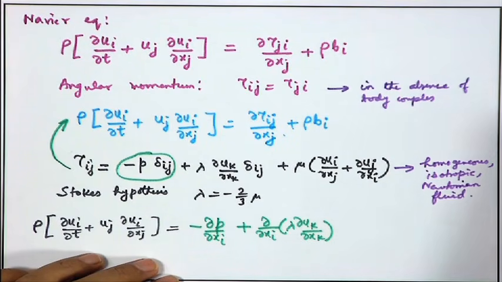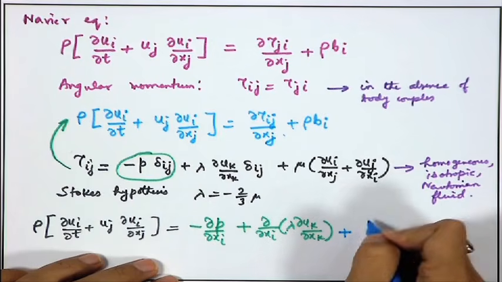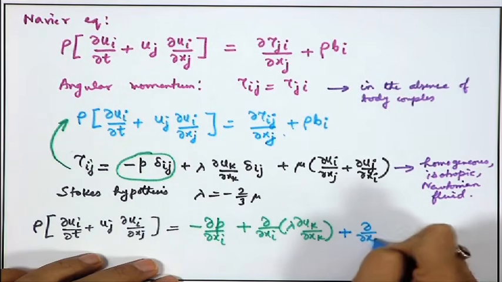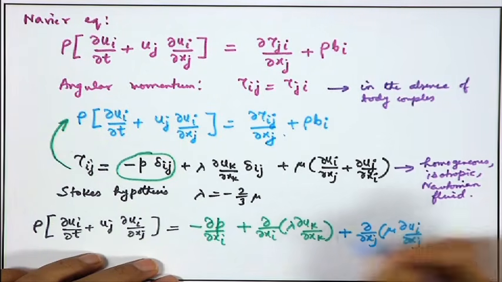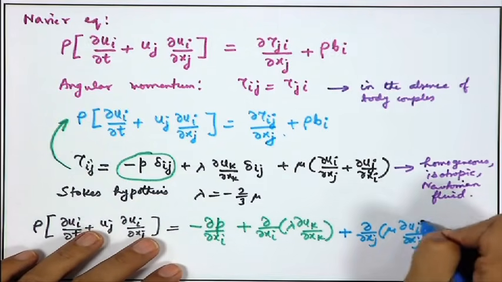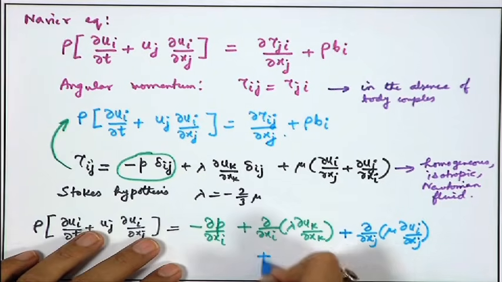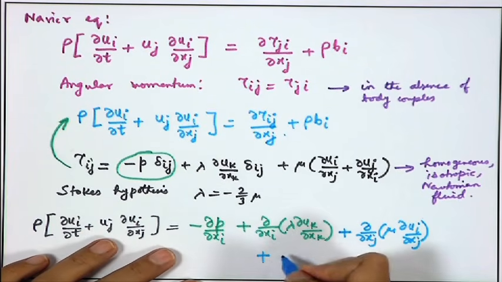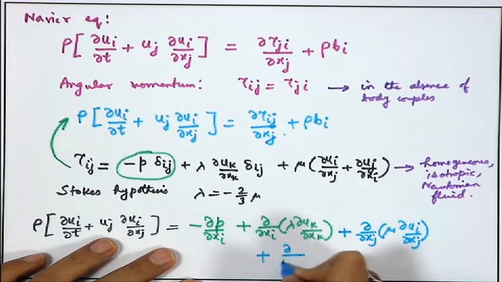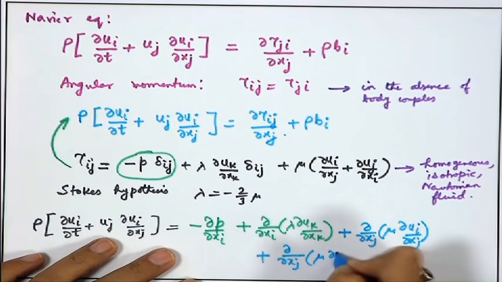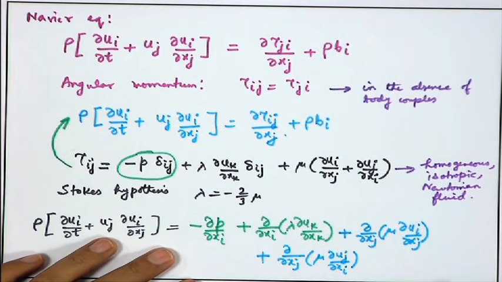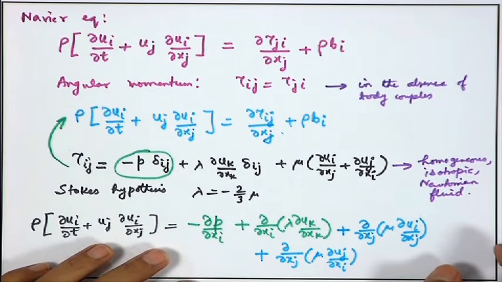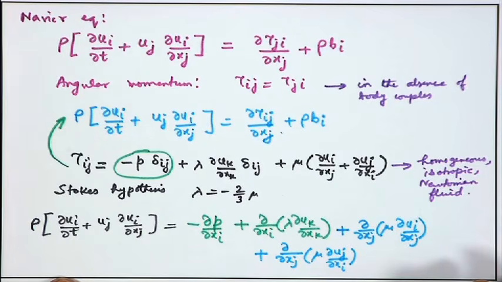Then the next couple of terms: plus del x j of mu del u i del x j, but mu, if it is homogeneous, can be taken in and out of the derivative as per your wish. Plus del x j of mu del u j del x i.